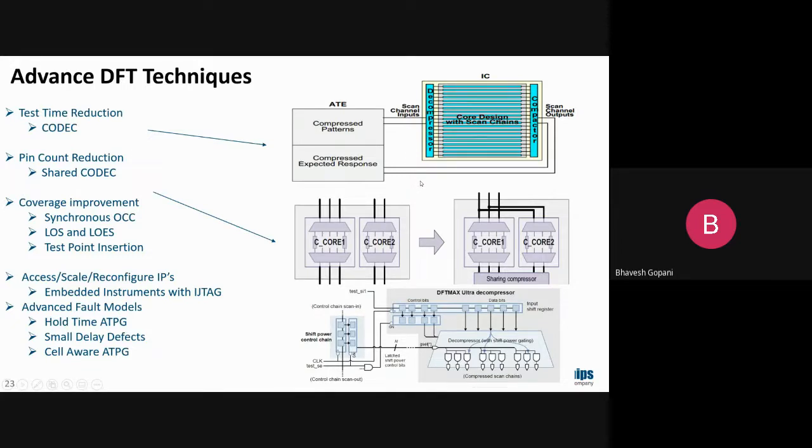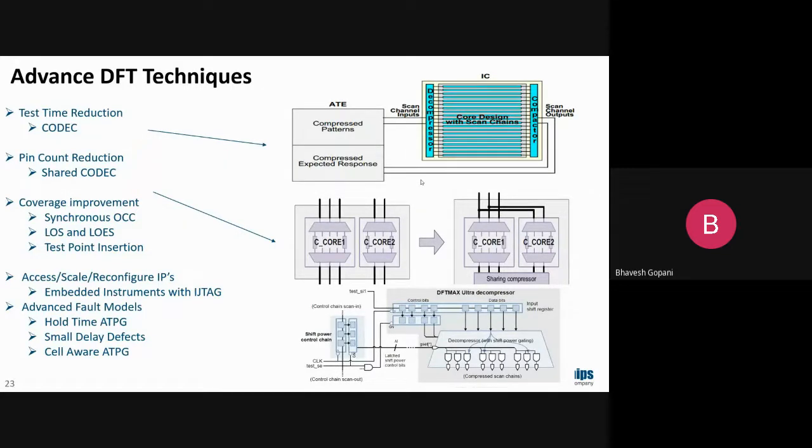So what is the test time? Let's say my clock cycle is 100 ns, so 100 ns times 1 lakh would be my test time for shifting in and shifting out. So the test time is increased, and the pattern size is also increased. There are certain limits on the ATE tester side.